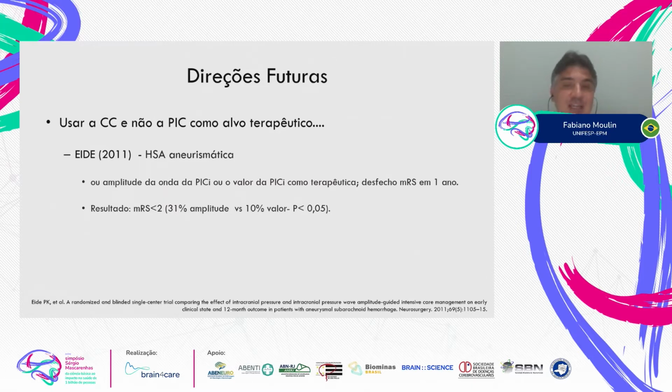Now, thinking about the future, how can we expand based on the results from my dissertation thesis and others that had already been conducted? As a group of researchers, considering that treating ICP in randomized trials does not show benefits of invasive monitoring, and one of the criticisms seems that ICP is not an interesting therapeutic target.